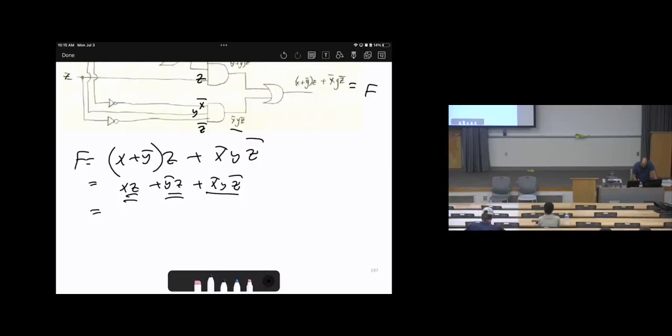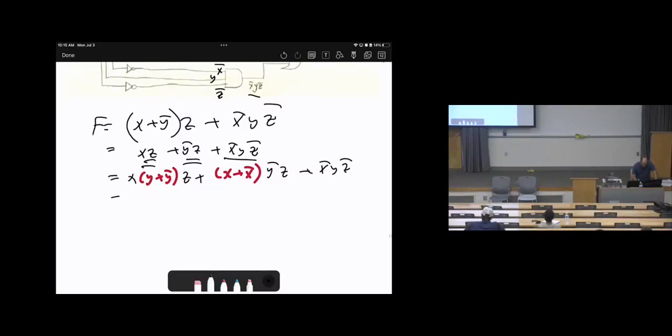So the missing variable in the first one is Y. So it will be X times (Y plus Y bar) Z, plus the other term is missing X, so (X plus X bar) times Y bar Z, then here X bar Y Z bar. Okay, do you agree with me?